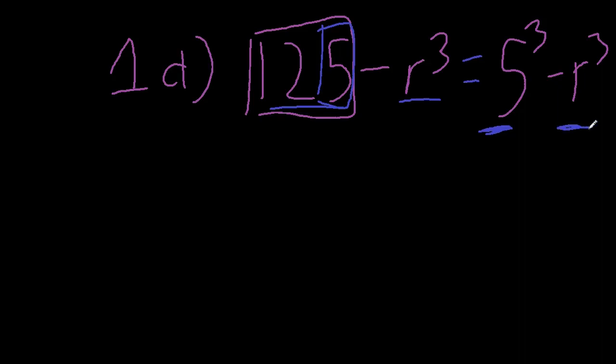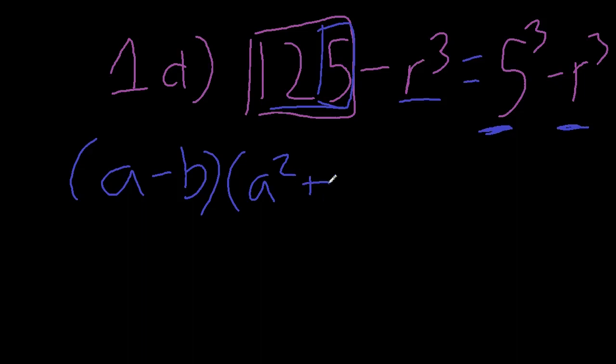Just for practice, I'm going to rewrite my difference of cubes formula, a minus b times a squared plus a times b plus b squared. Let me double check to make sure I got everything right. Same sign, opposite, always positive. Okay, looks good.